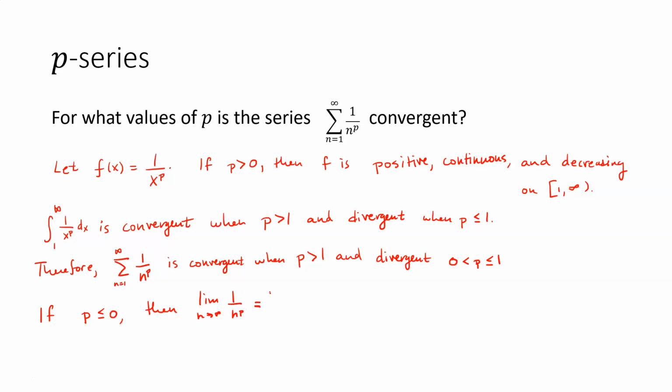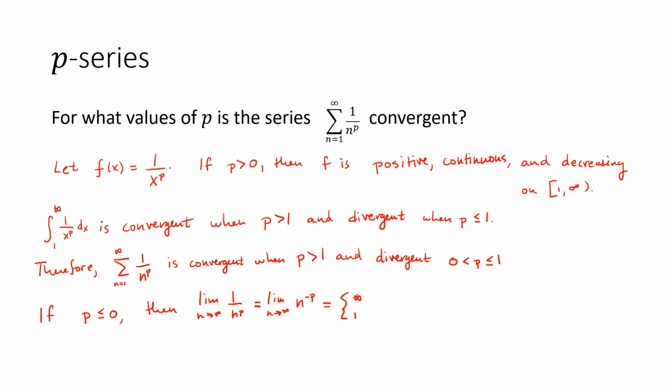So two things could happen, right? The limit as n goes to infinity of 1 over n to the p would be the same as n to the negative p, and now negative p would be a positive value. So this could either equal infinity or it could equal 1.